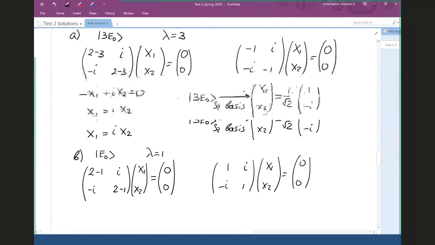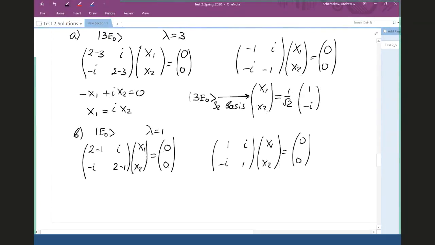Okay, let's multiply the first line by this column. You get x1 plus i x2 equals 0. Or you can say that essentially x1 equals negative i x2.